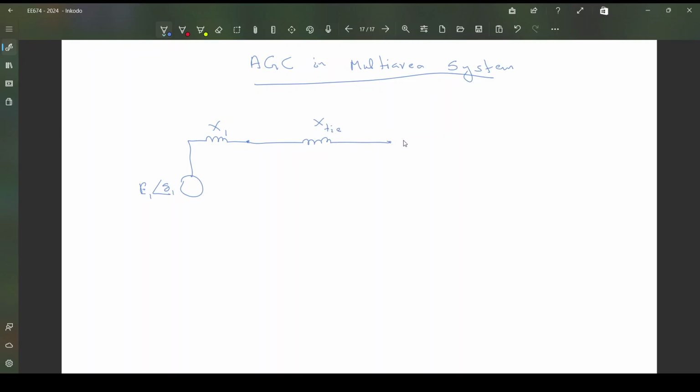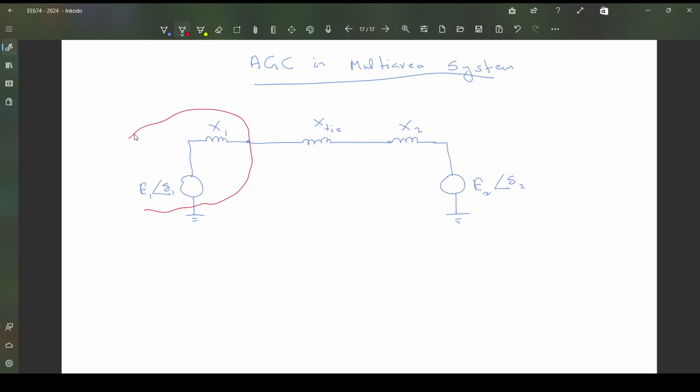For the second area, we have the equivalent generator circuit with the voltage E2 and the angle delta 2. Both systems are grounded at this point.